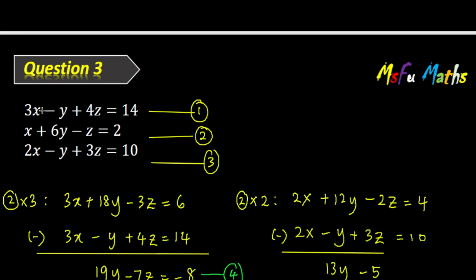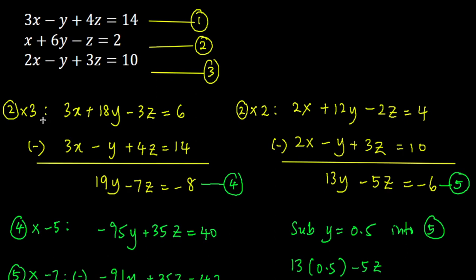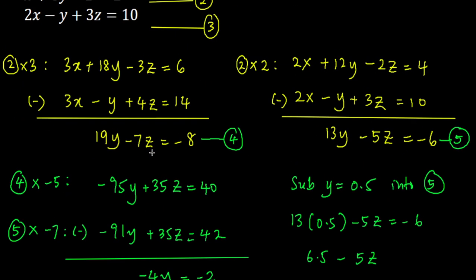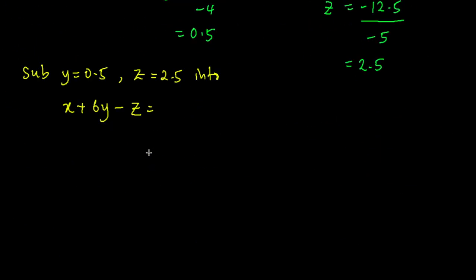Okay, I will substitute here. That is x plus 6y minus z equals 2. So substitute: x plus 6 times 0.5 minus 2.5 equals 2. What is this?